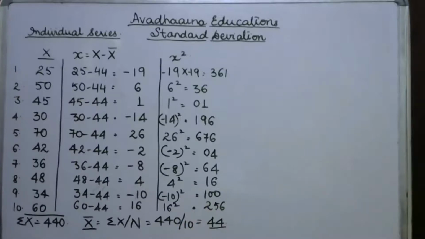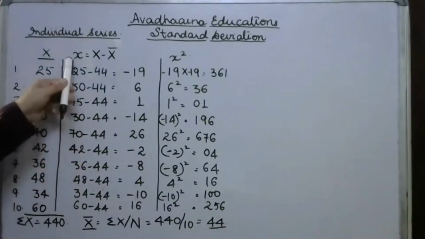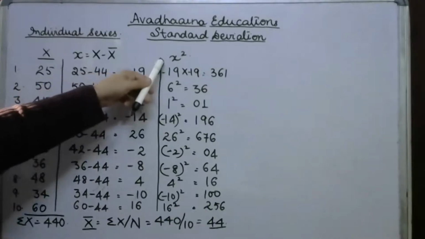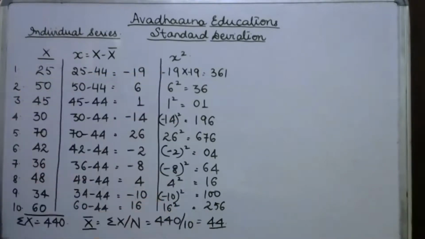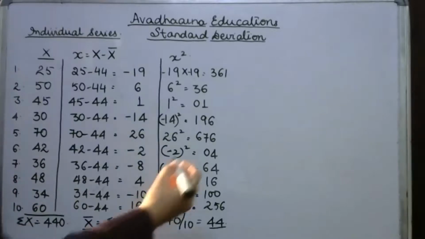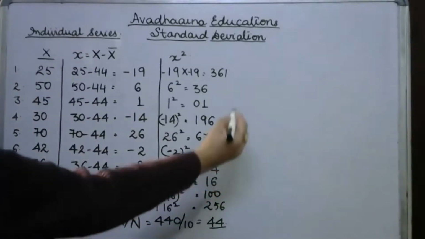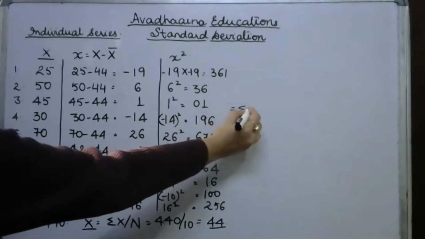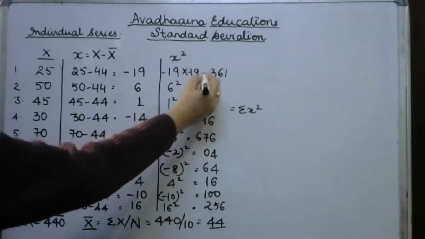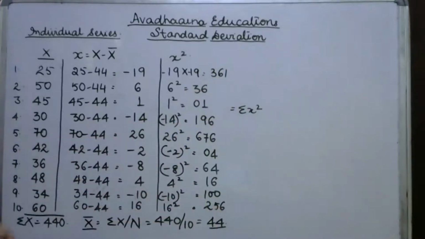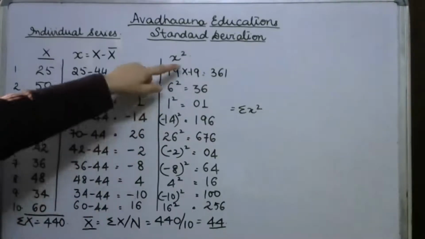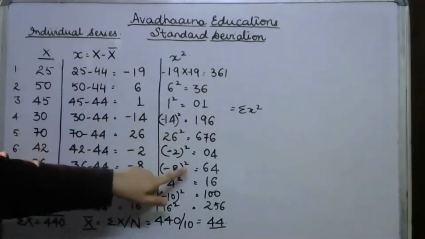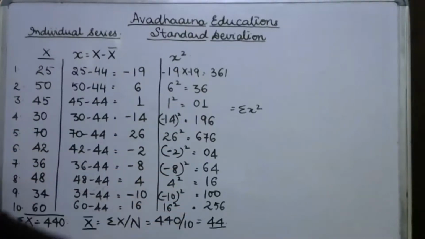So we have calculated the square of small x, and the next step is to calculate the summation of small x square, that is the sum total of the squares of the deviations of these observations from mean.